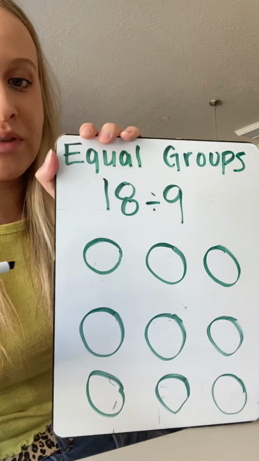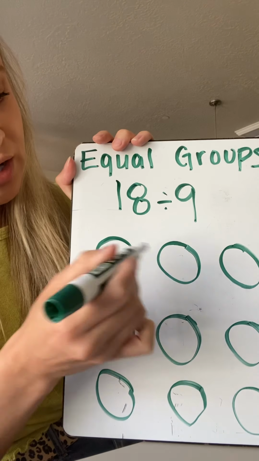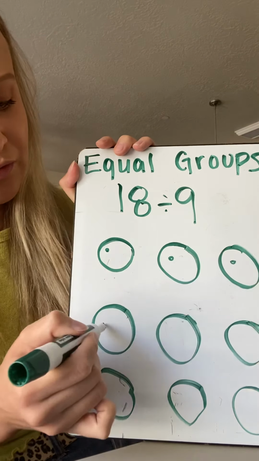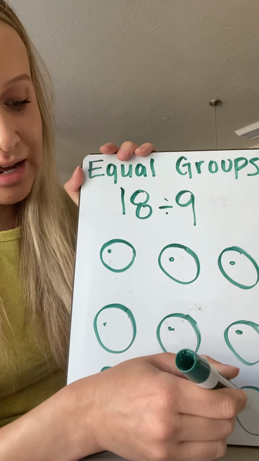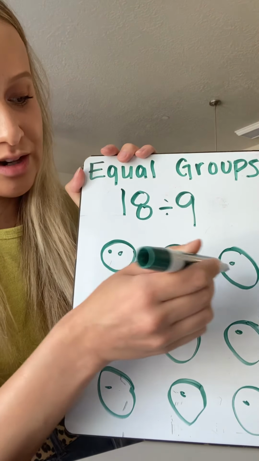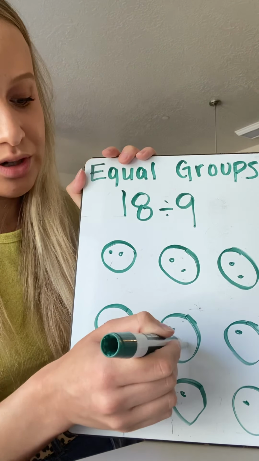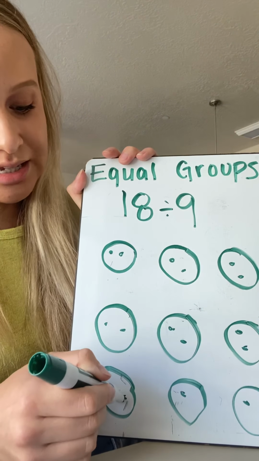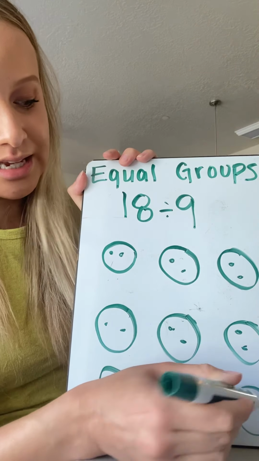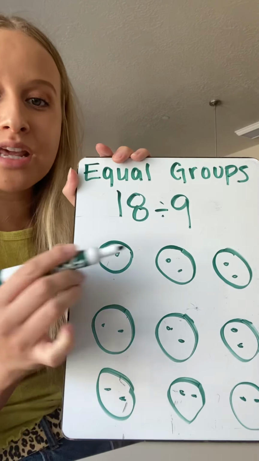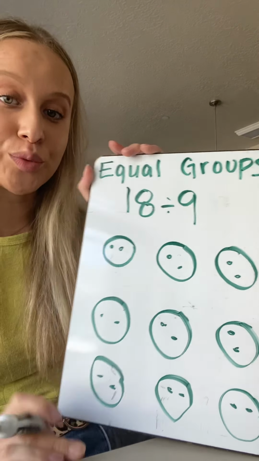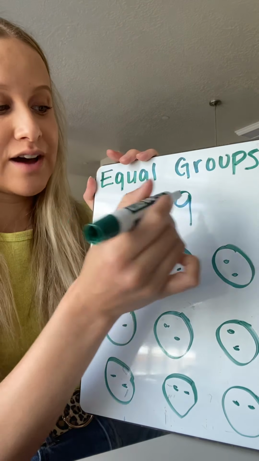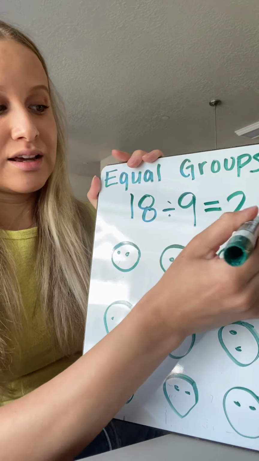So the way I'm going to do that is 1, 2, 3, 4, 5, 6, 7, 8, 9, 10, 11, 12, 13, 14, 15, 16, 17, 18. How many are in each group? 2. So 18 divided by 9 equals 2.